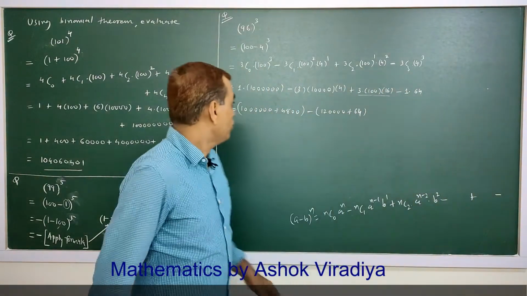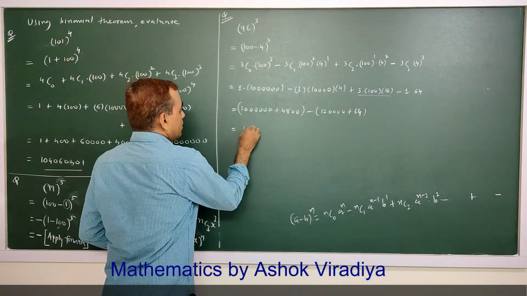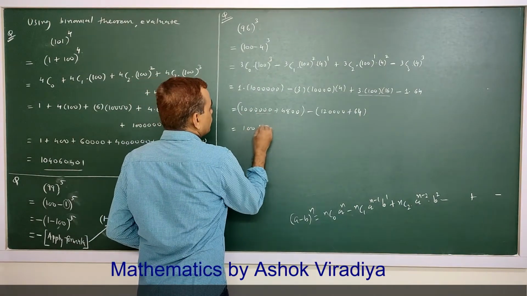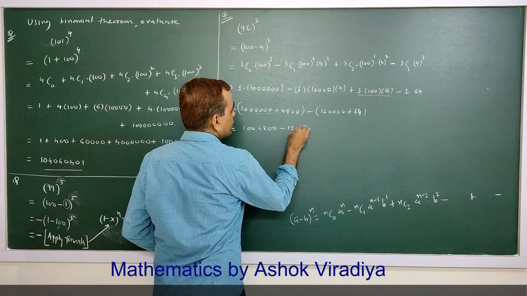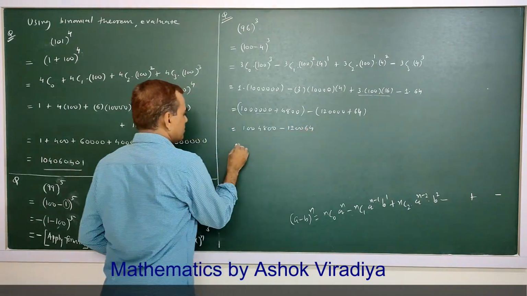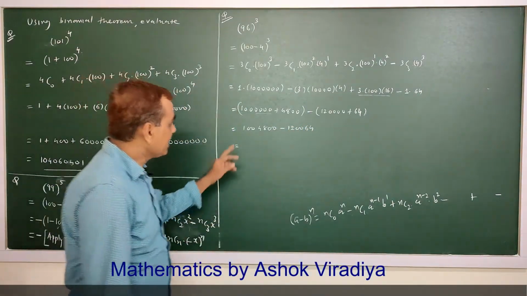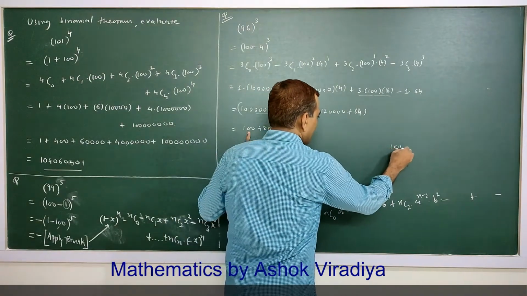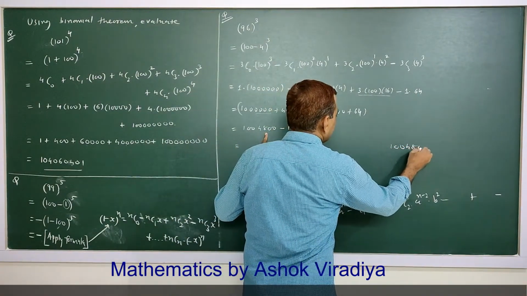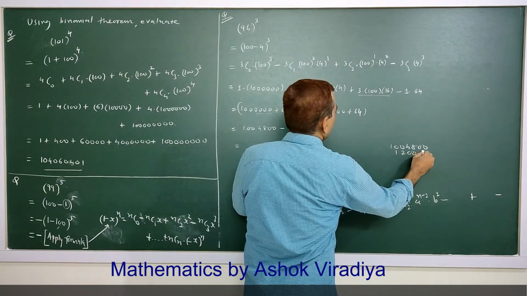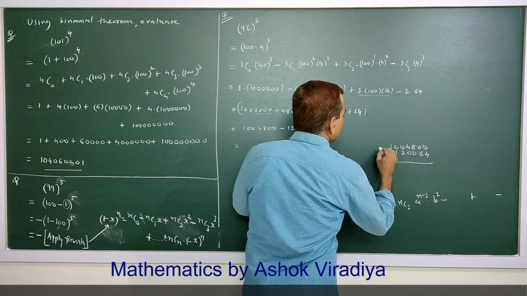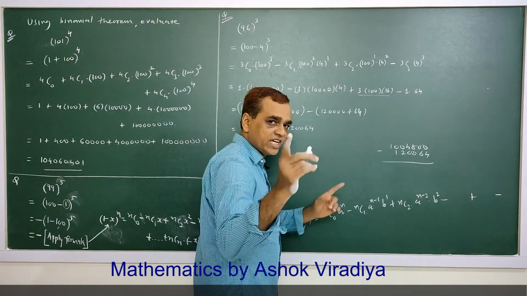So it is equal to 1,004,800 minus 120,064. Then taking the subtraction, you can also do it by calculator if a calculator is allowed.